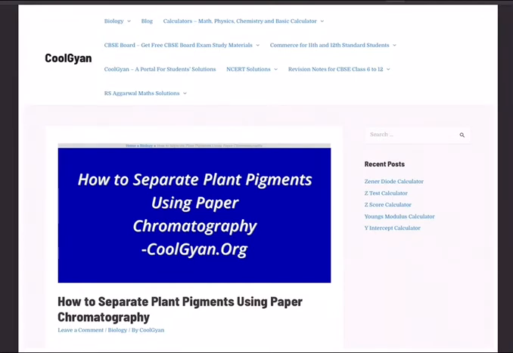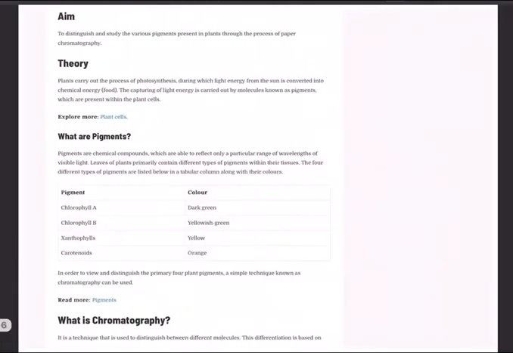As we have been talking about the practicals and various experiments that your batch needs to perform for this academic session, we are going to talk about an important experiment worth 5 marks, that is the paper chromatography experiment. The main aim of this experiment is to separate plant pigments using paper chromatography.